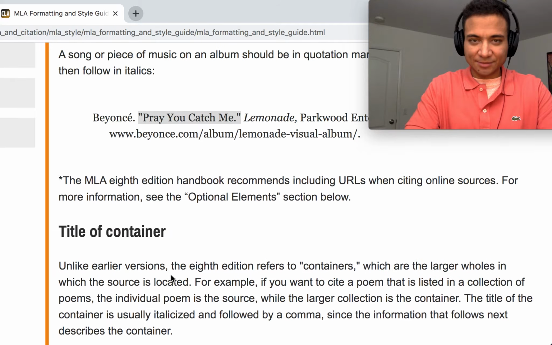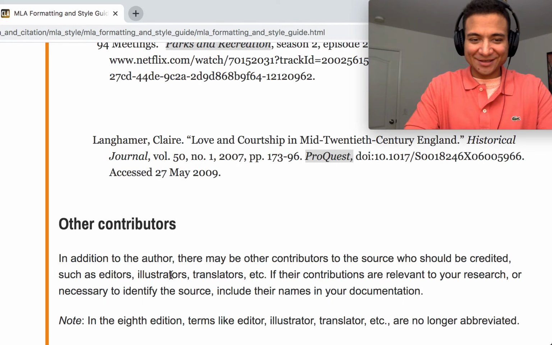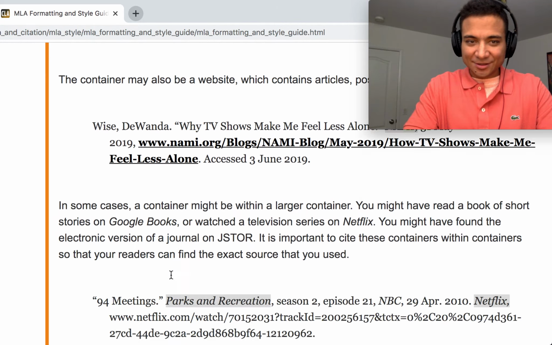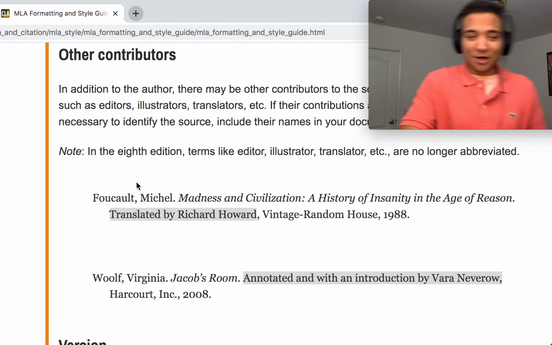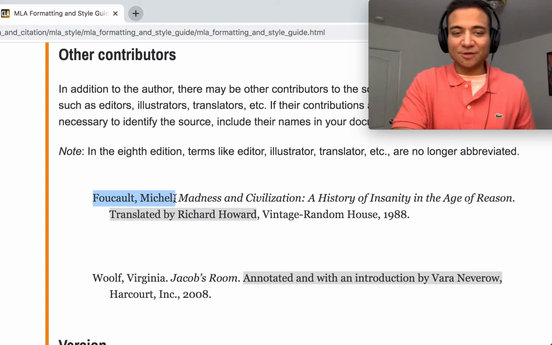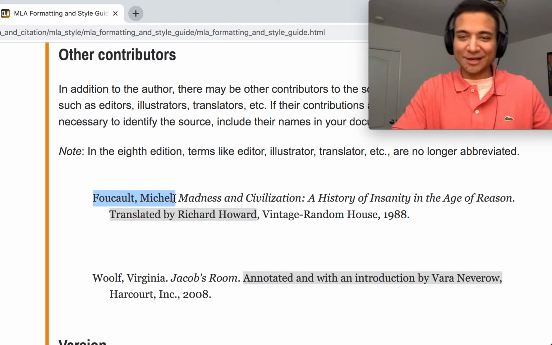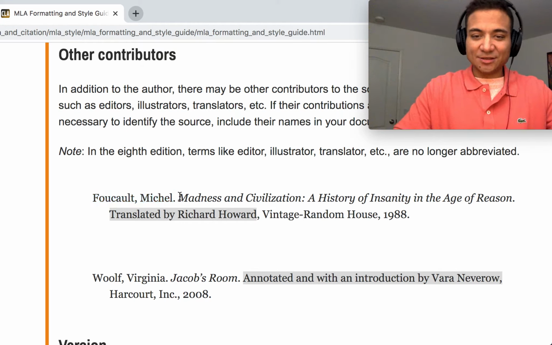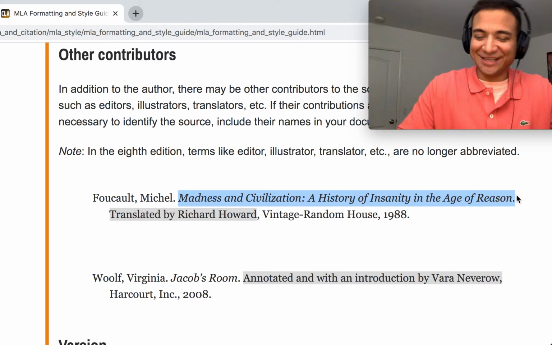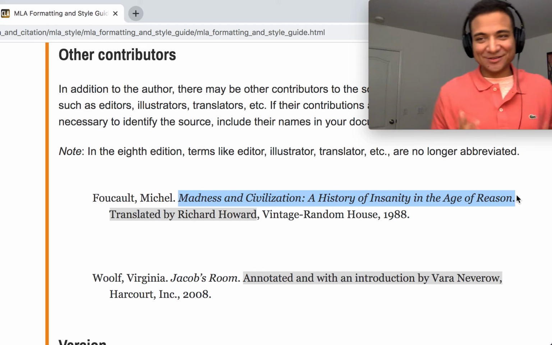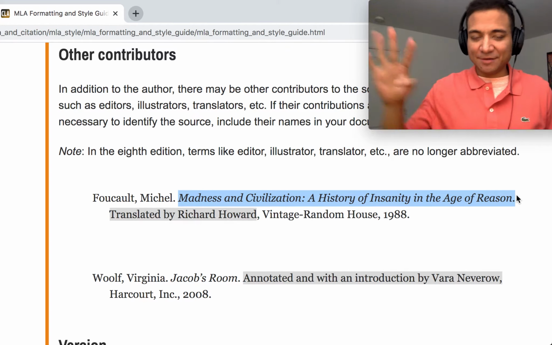Okay, so author, Foucault, Michel, period. Periods after author, right? Madness and Civilization: A History of Insanity in the Age of Reason. Okay, it's a container, so potentially it's a book, period, right?